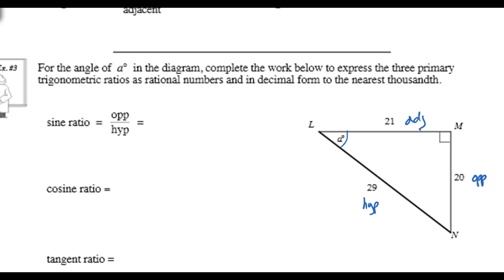Let's put in some real numbers now. The opposite is 20, the hypotenuse is 29.